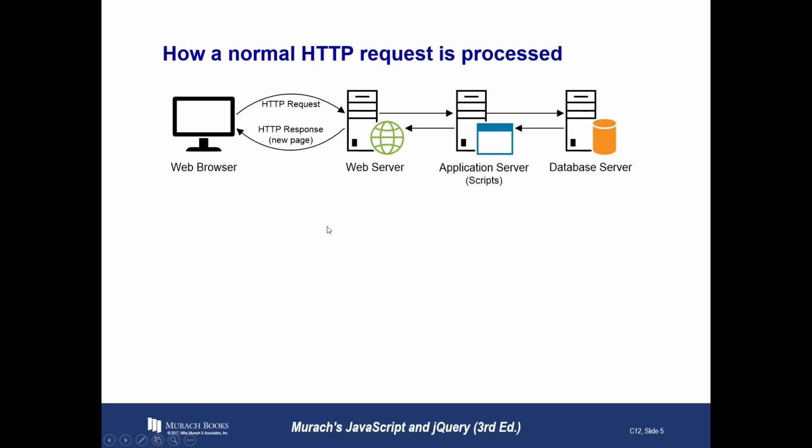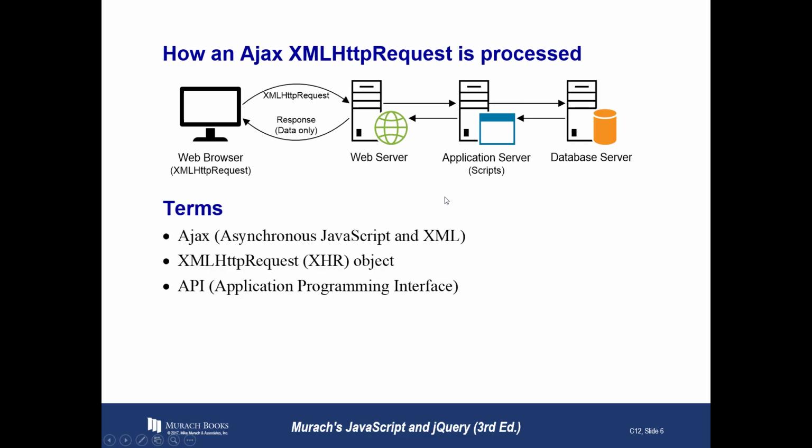All right. Here is how a normal HTTP request is processed. You've seen this before. All right. But what happened in the past, before the advent of Ajax, is if you made a change, you did something to a website where the page had to be reloaded while the site was running, you got what was called flicker.